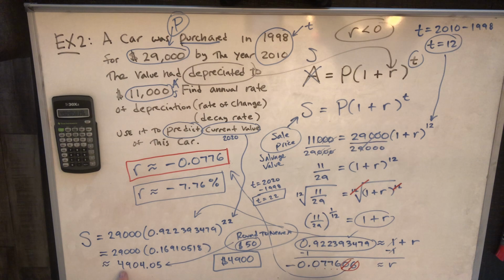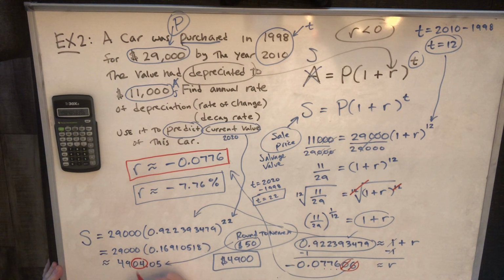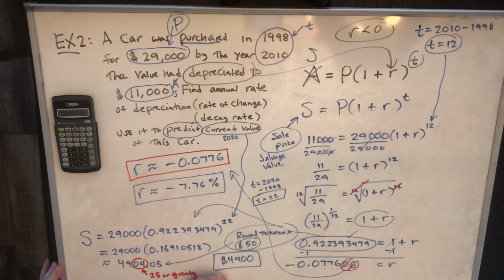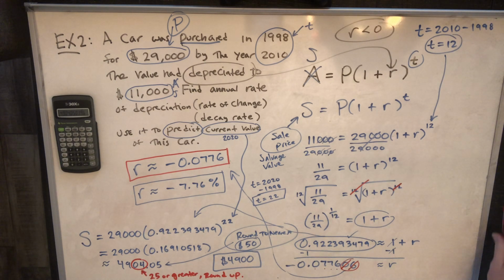Had this been 4,925, then I would round it to 4,950. If it's less than 25, you round down. 25 or greater, round up. If it's 24 or less, you round down. So this is definitely less than 24, and we rounded down to $4,900.